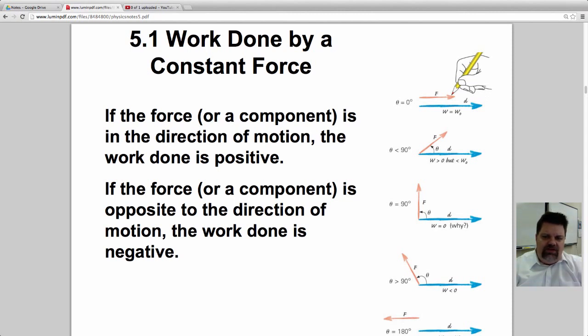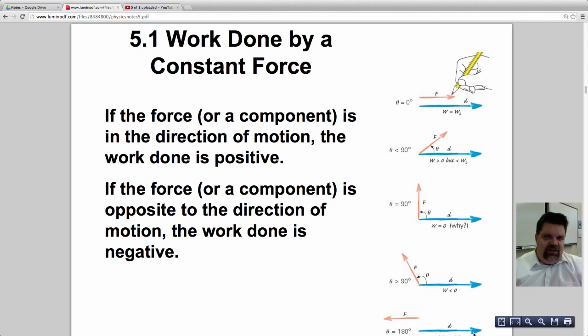If the force is going in the same direction as the displacement, then the work that's done is positive. However, you can have a force going in the opposite direction of the displacement, like a car where you're slamming on the brakes.